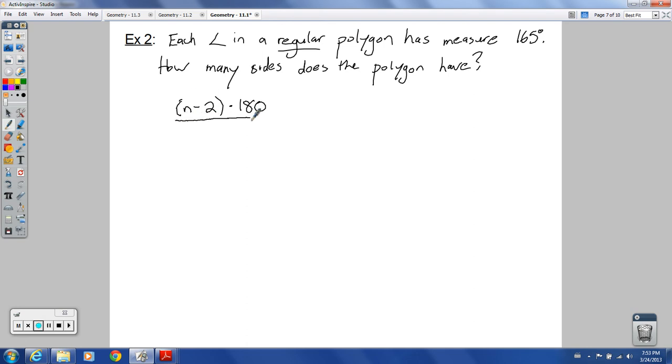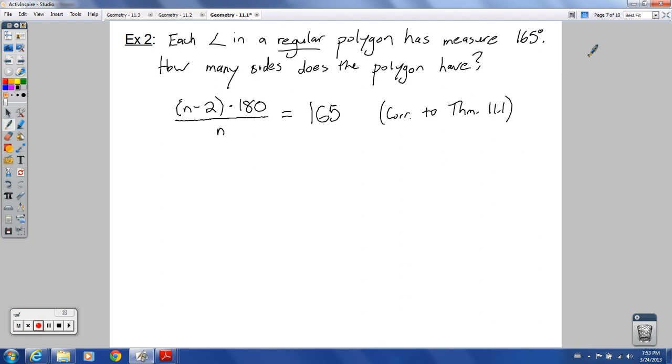Each one is the same, so we're going to divide that total sum by how many sides there are, by how many angles there are, and that should equal the value that's given to us, 165 degrees. Okay, so this was the corollary to theorem 11.1.